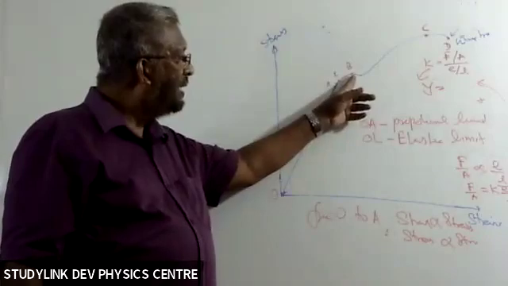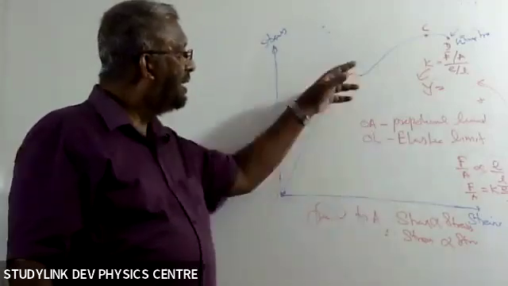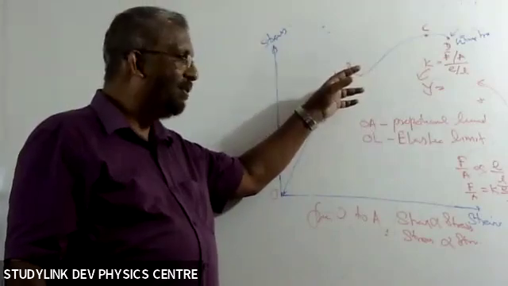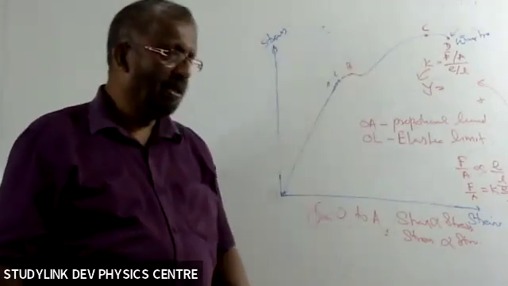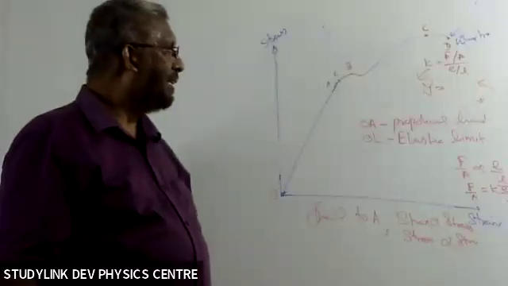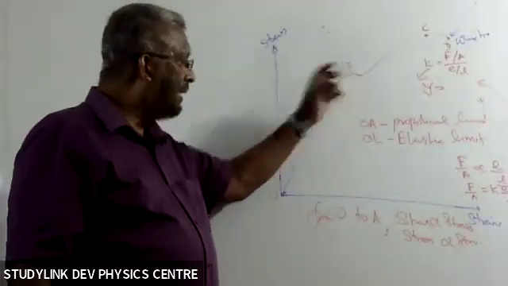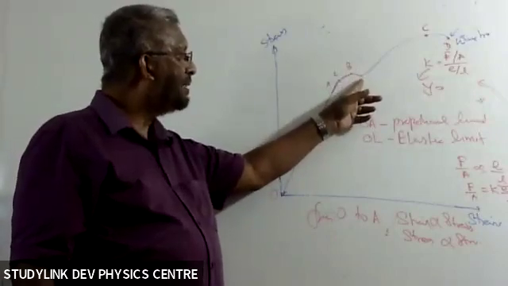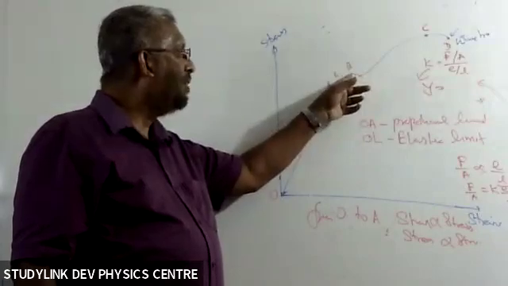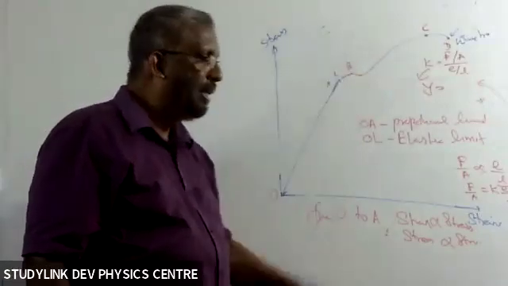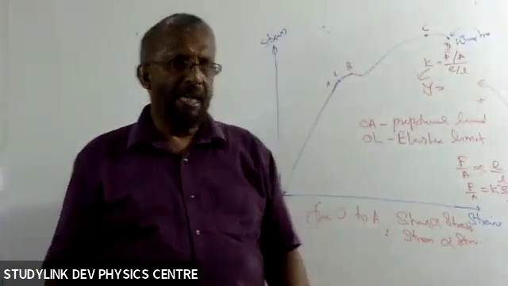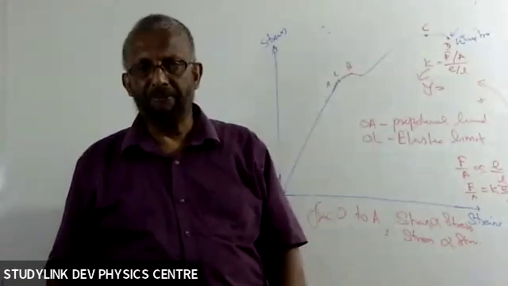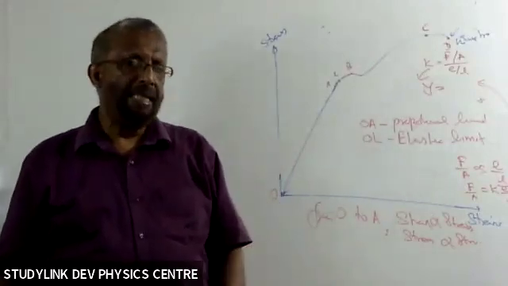After that, it reduces. The maximum value at B is there, and after that, the shape changes. Therefore, the change at point B is called the yield point. That is called the yield point.